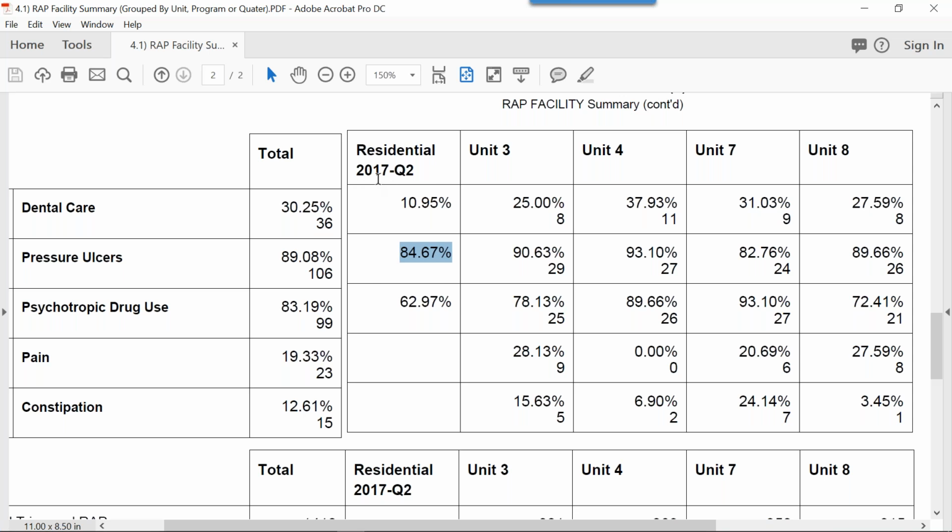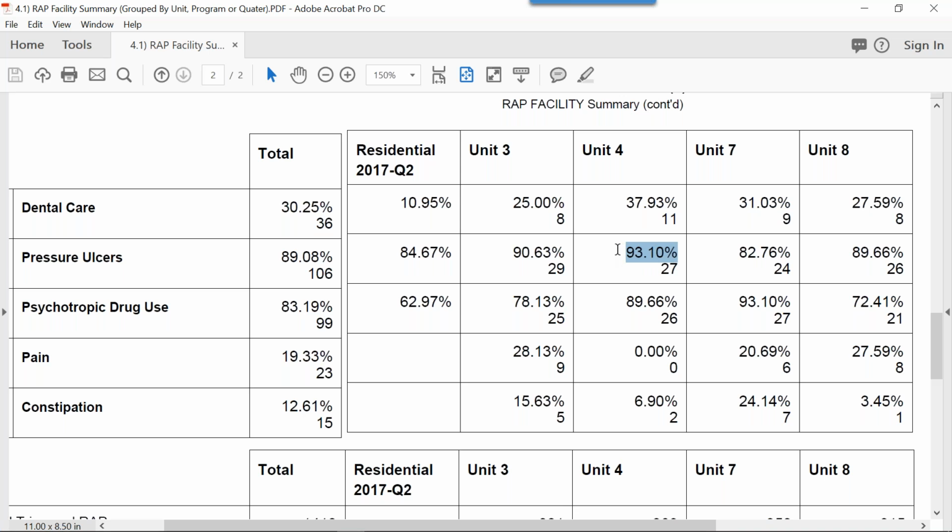You see where it says residential for Q2 2017. Overall in my home, there's an 89% risk for pressure ulcers. You can see that the units are pretty stable, where Unit 7 has an 83%, but Unit 4 has a 93%. So that's a big difference between those two units.